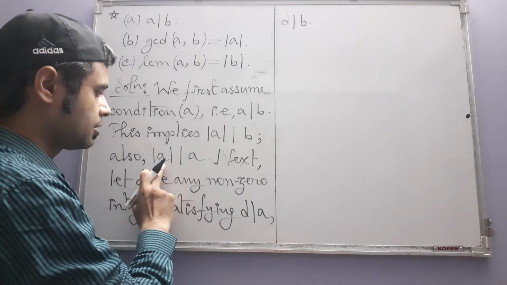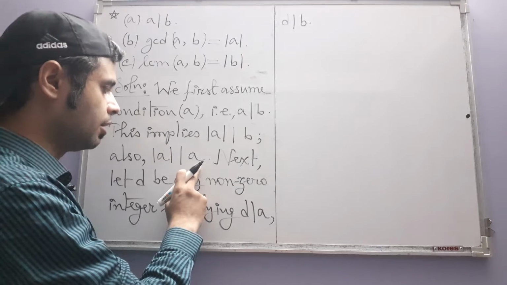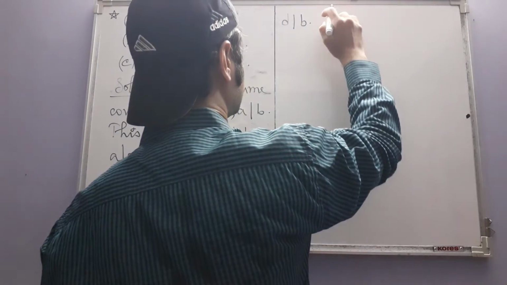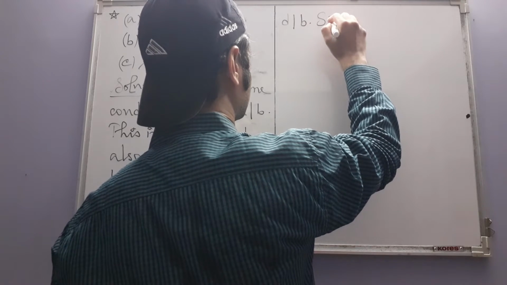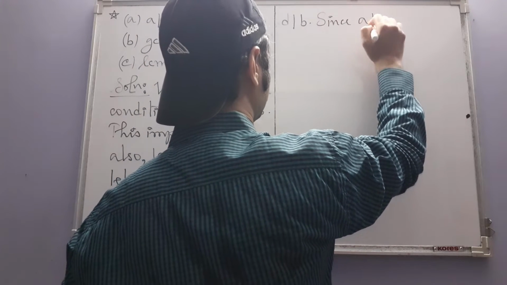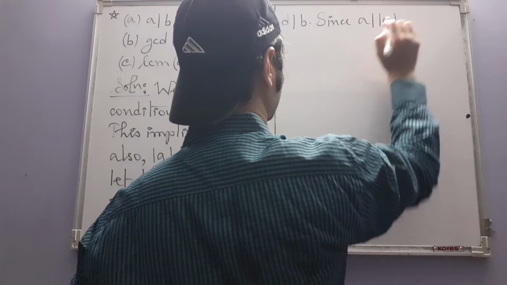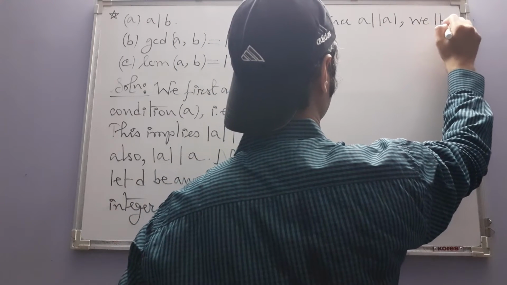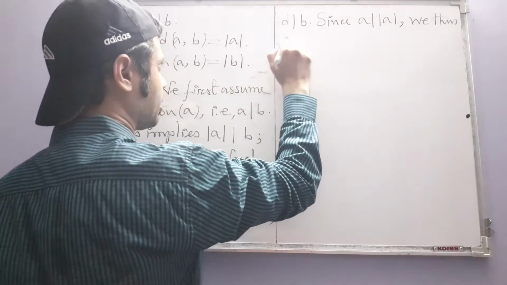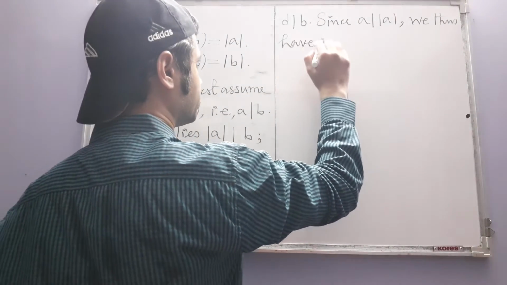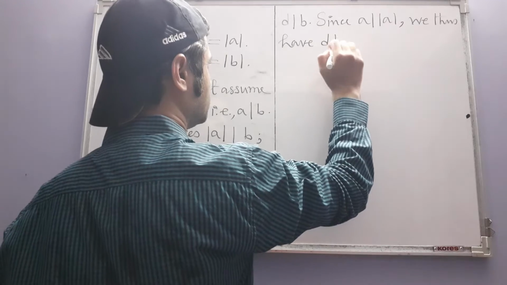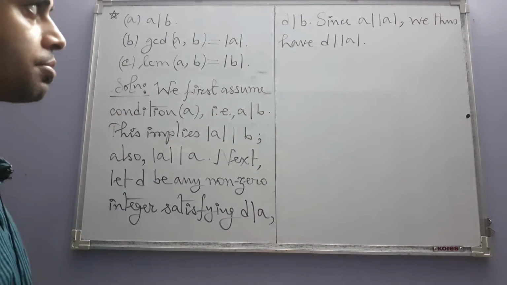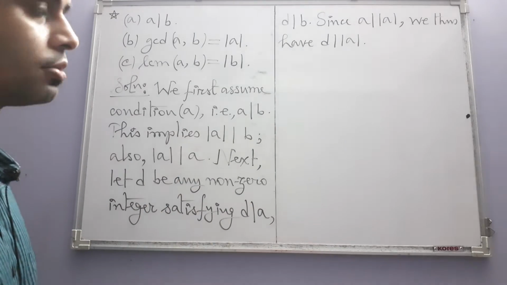We are going to consider the opposite relation, opposite to this one here. Since a divides the absolute value of a, we thus have d dividing the absolute value of a. Now I have to explain why these things are true.